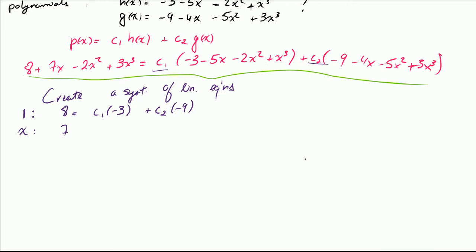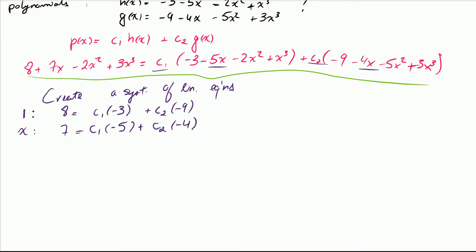it's sort of like I'm factoring the x out of the whole equation, and I'm left with 7 equal to c1 times, and I look at which of these coefficients are connected to x. So in this case, it's minus 5 and minus 4. So c1 times minus 5 plus c2 times minus 4.